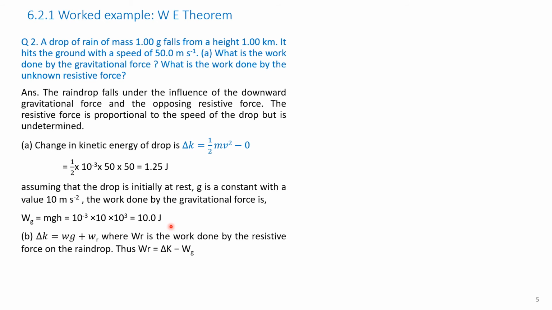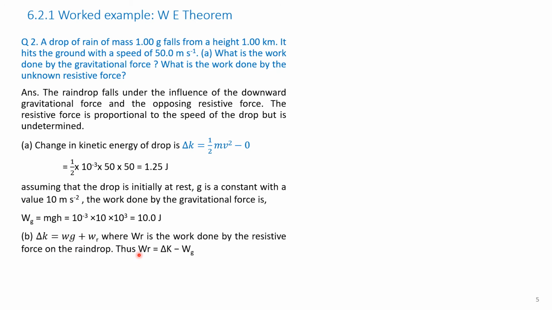Part B. Now here we calculate the work done by the resistive force. We know delta K is equal to Wg plus Wr. That is, the change in energy, delta K, is equal to Wg, the work done due to the gravitational force, plus Wr, the work done by the resistive force on the raindrop.